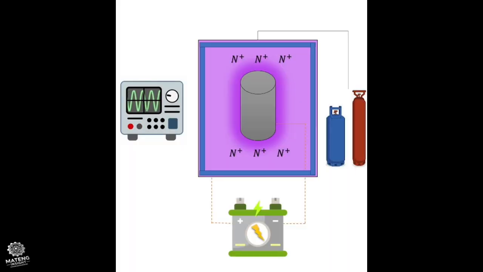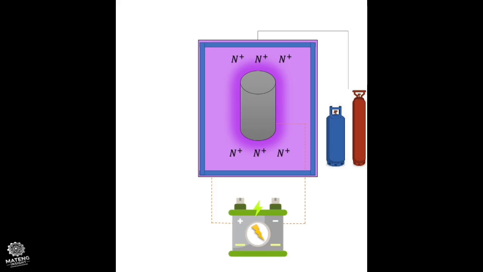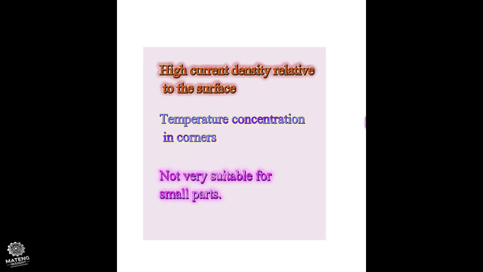This can result in the so-called edge effect, where corners and sharp edges become overheated, leading to local tempering or distortion. Limitations: in cold wall furnaces, the higher current density required may cause localized overheating on edges and corners.